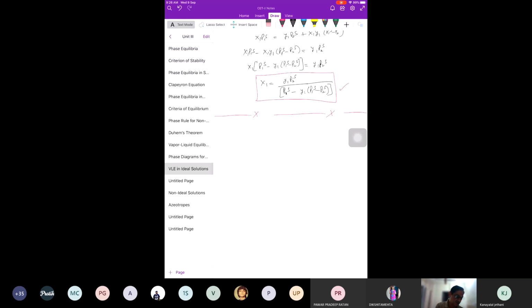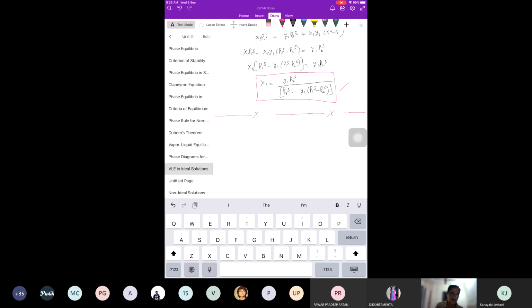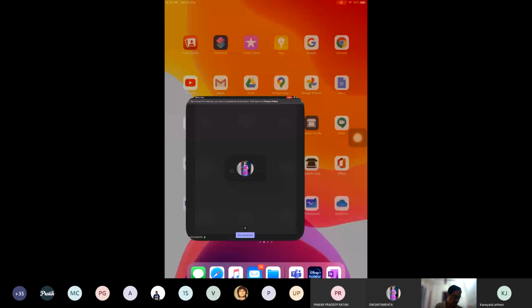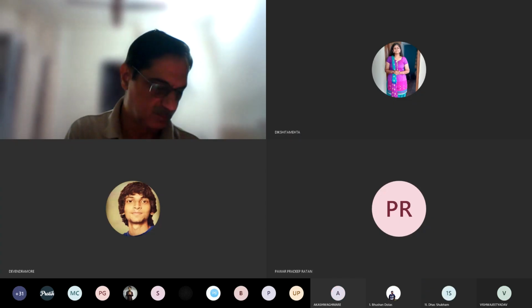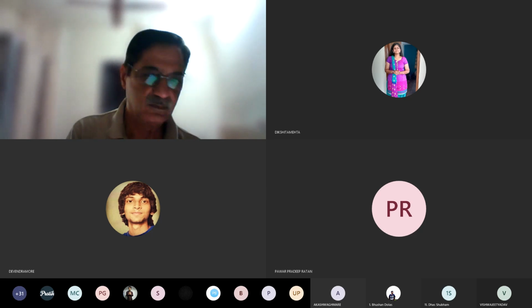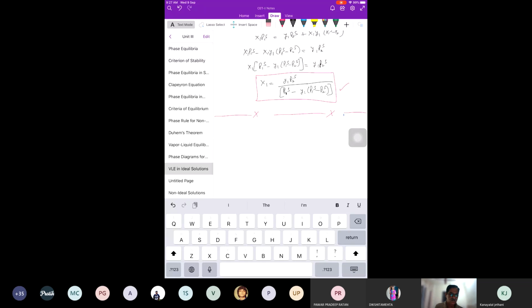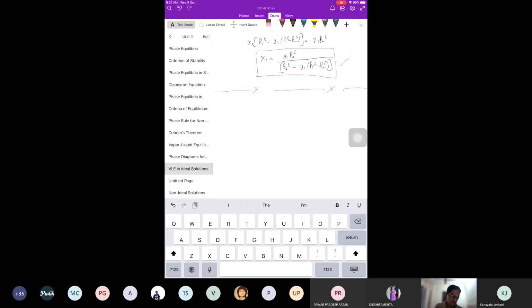So if I say acetone material balance, can you see this? You cannot see this, is it? क्या हो गया?